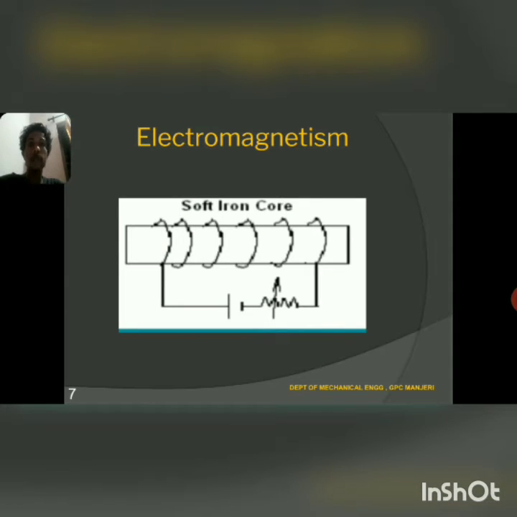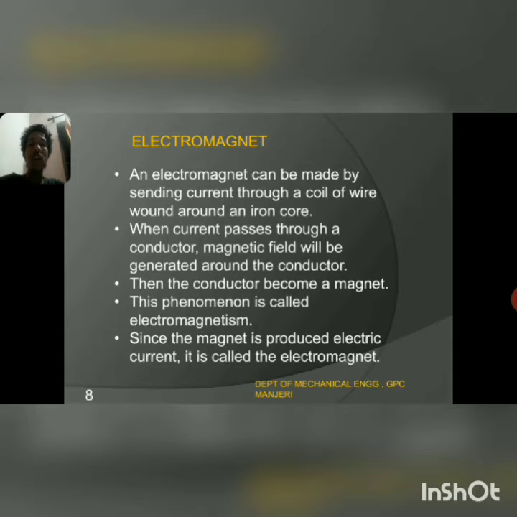Electromagnetism. What is electromagnetism? An electromagnet can be made by sending current through a coil of wire wrapped around an iron core.